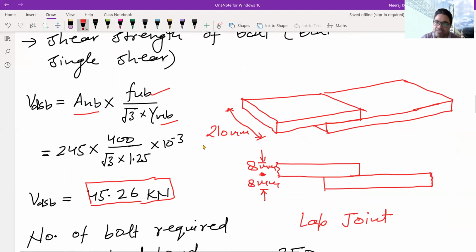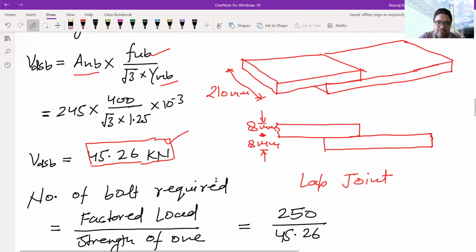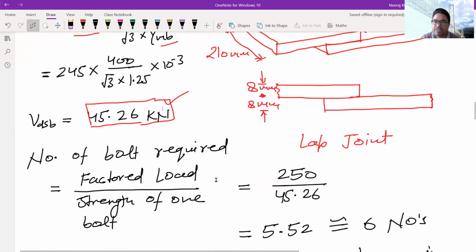So only this strength we can calculate from the given data, and now we are assuming that this shear strength will be the least one, and that is why we are considering that this strength will be the strength of the joint. Based on this, we will calculate the number of bolts required, which is the factored load divided by the strength of one bolt. The strength of one bolt will be the least of bearing strength and shearing strength.